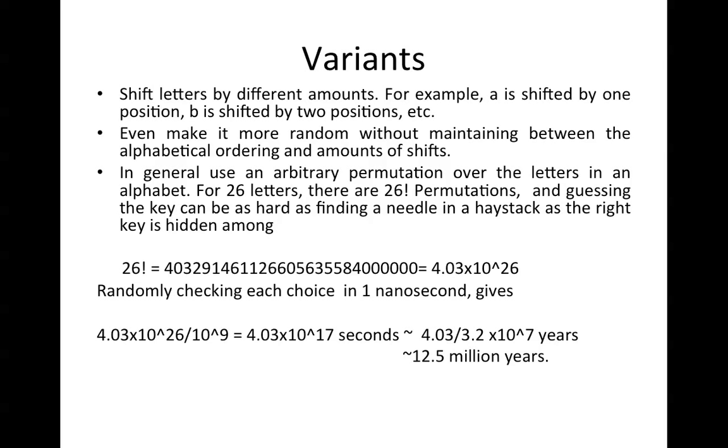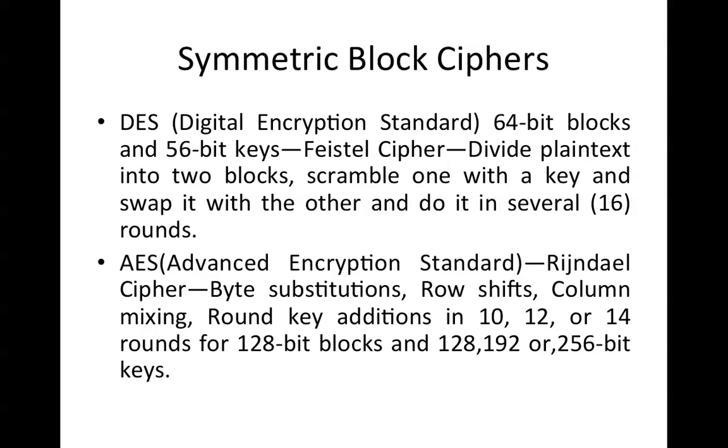The real systems use a lot more complicated symmetric encryption techniques, and these are the two block ciphers that people use: DES and AES. DES, the Data Encryption Standard, preceded AES, and it's applied to 64-bit blocks with 56-bit keys. It's called a Feistel cipher, after its inventor, Feistel.